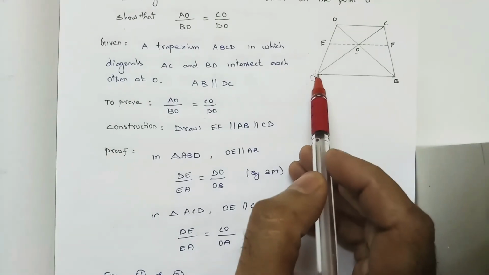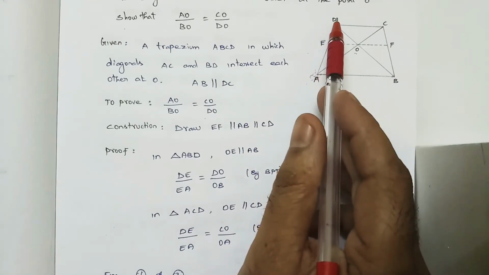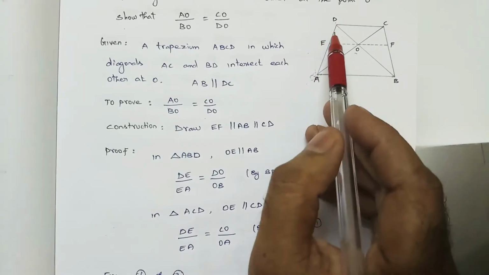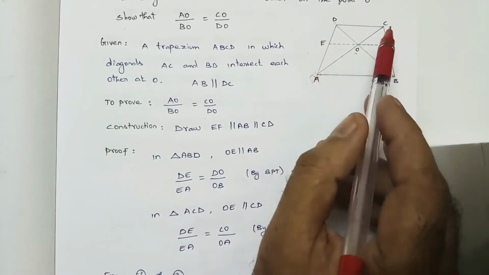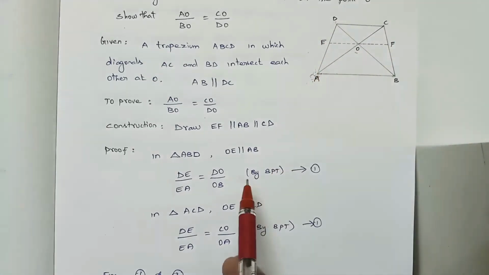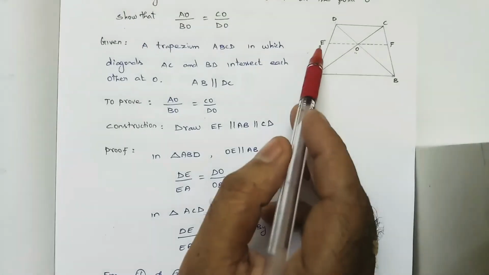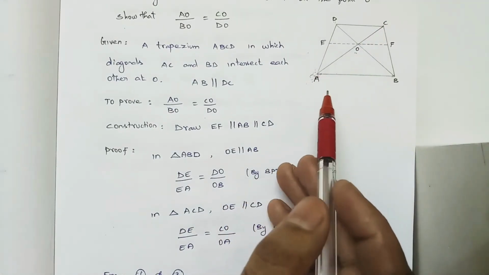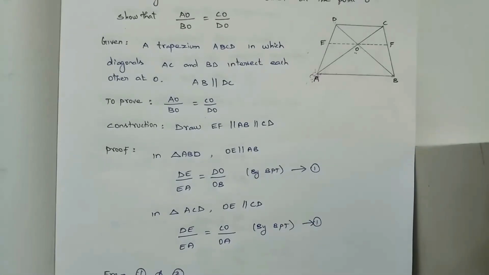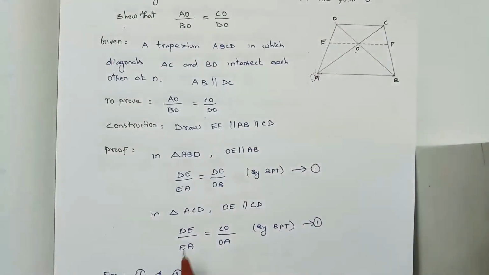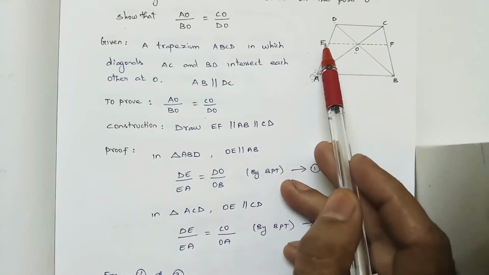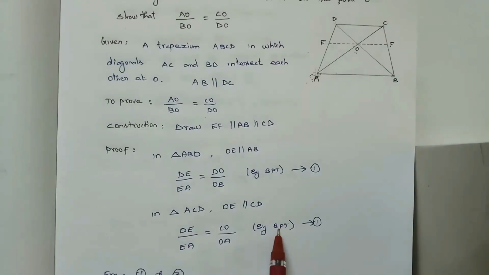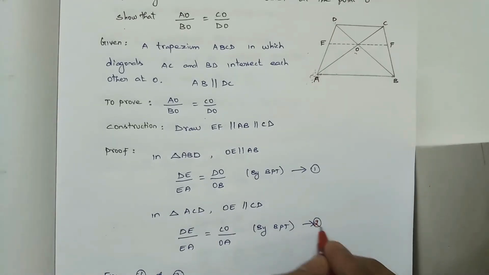So by using BPT, AE by ED is equal to AO by OC, or we can reciprocate, no problem. Whatever we need, we can reciprocate. So I'm taking DE by EA is equal to CO by OA by BPT. Take it as equation number 2.